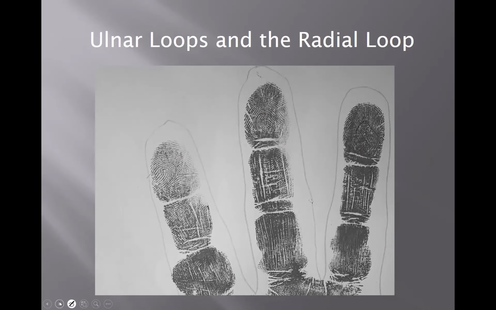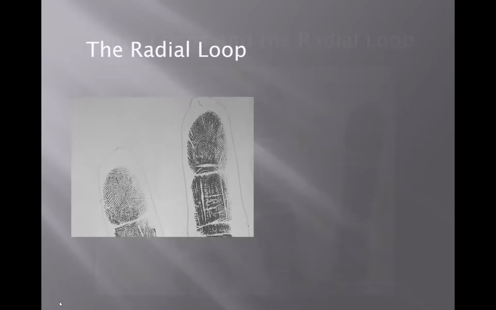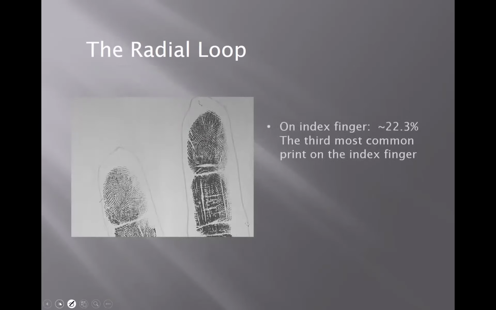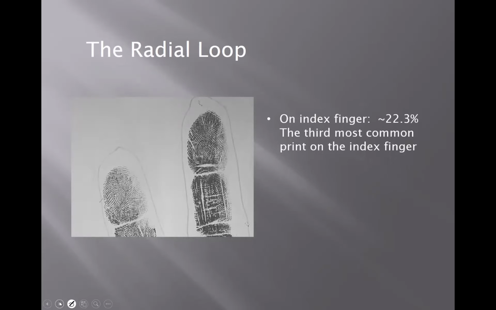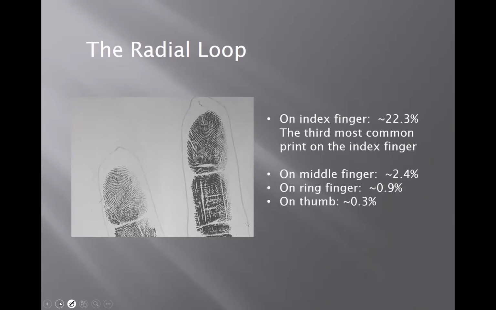Now, the thing about radial loops is they are really only found on the index finger. In fact, they're the third most common fingerprint pattern to be found on the index finger. And if we're going to find a radial loop in the hand, it's probably only going to be seen on the index finger, because when it comes to the other fingers, it's actually incredibly rare to see this pattern.